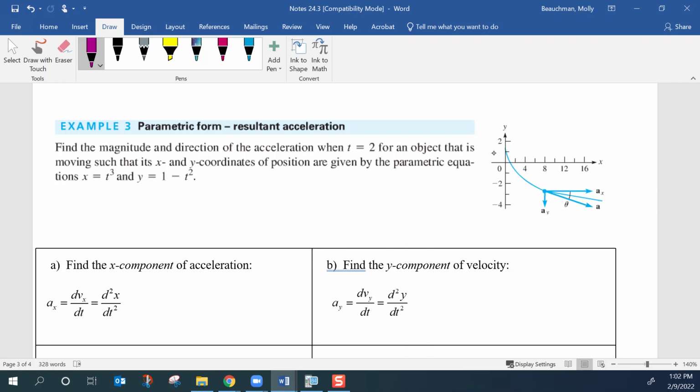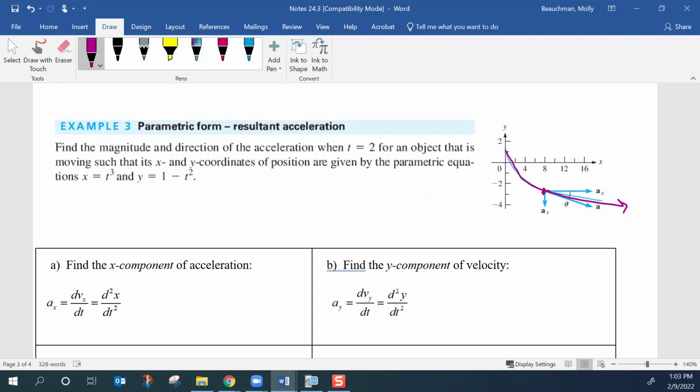So if you were to substitute values for time, you would get x and y coordinates, and this curve is your function or your equation. And what we want to find when t equals 2, we would have this point right here. We want to know the acceleration.